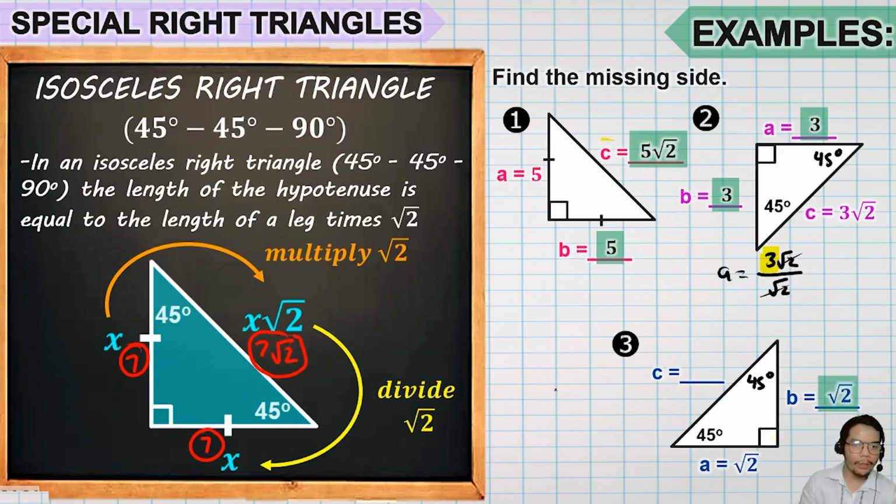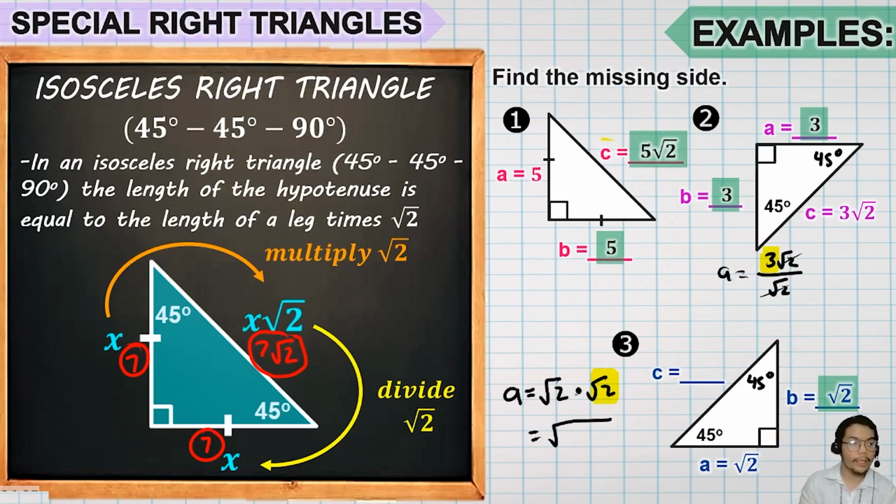Now, how about if we want to get the value of C? So, gagawin natin dyan, kuha tayo ng value ng isang leg. Pares lang naman yan, square root of 2. And sabi nga dito, if you want to get the measurement of the hypotenuse coming from the leg, you just need to multiply it by square root of 2. So, if we multiply them, we'll get square root of 2 times square root of 2.